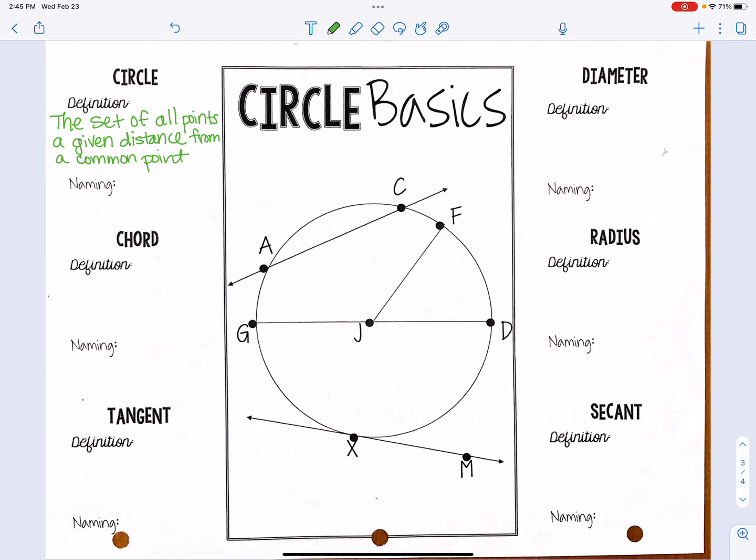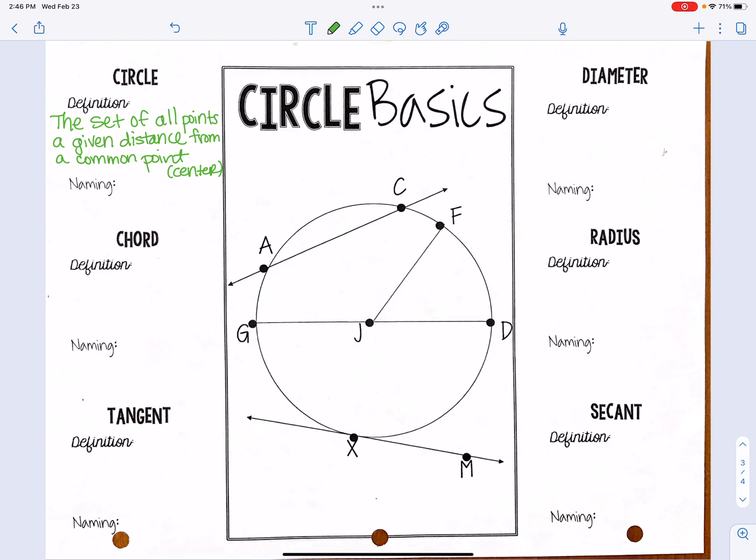The set of all points, that's what you would see around the circle. A given distance, that given distance would be your radius, from a common point, which would be your center, okay? That common point would be called your center. We name a circle by its center.